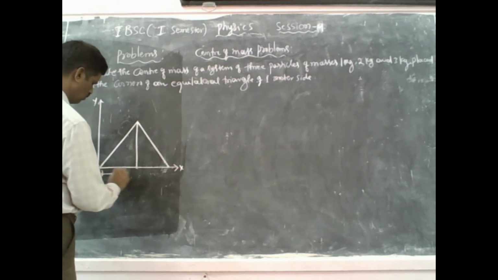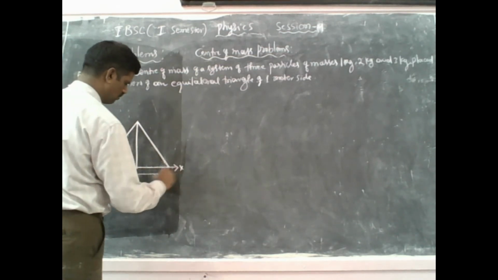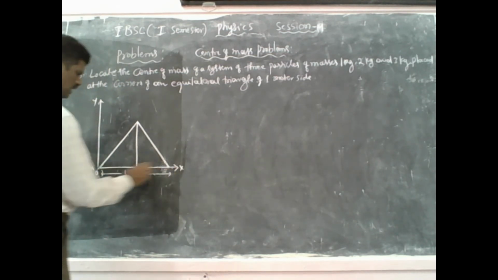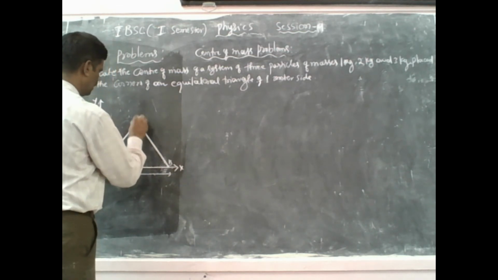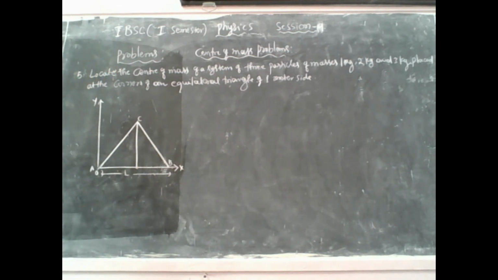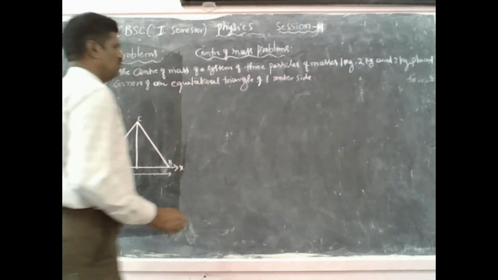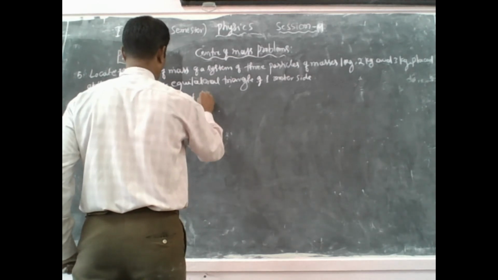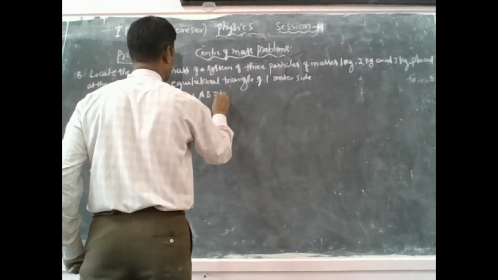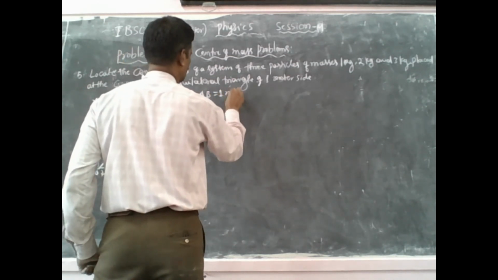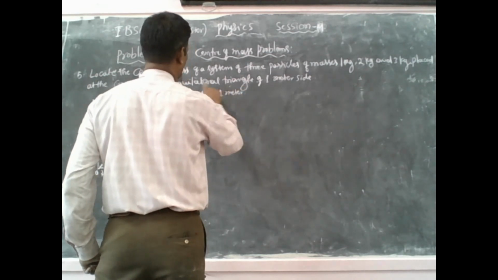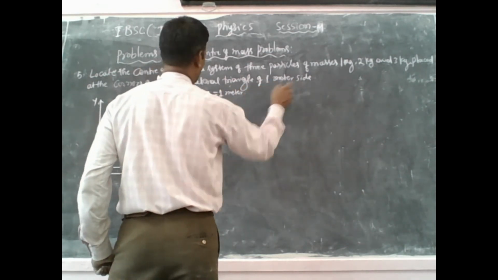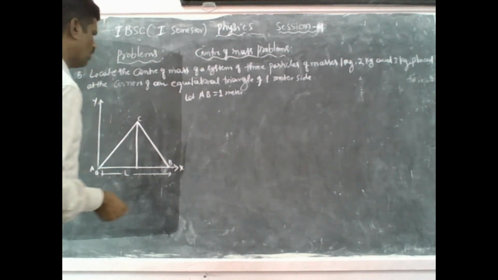Here is 1 meter. Here is A, here is B, and here is C, ABC of the triangle. So let AB equal 1 meter. Equilateral triangle of 1 meter side, all sides are 1 meter.